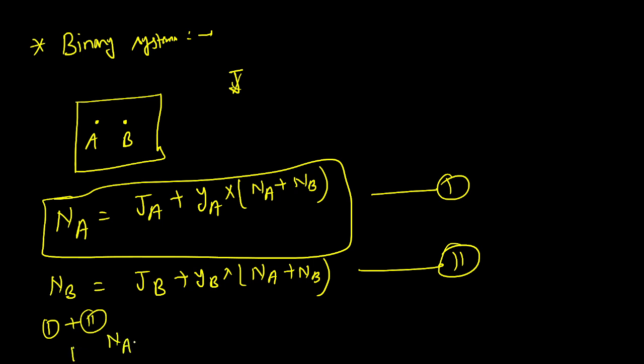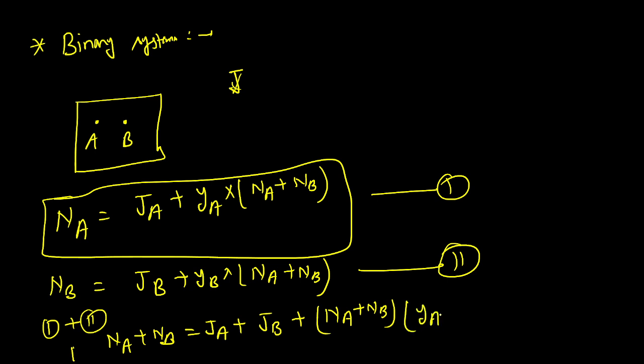Sorry, that Na plus Nb is equal to Ja plus Jb plus, if you take Na plus Nb common, then here you will get Ya plus Yb, right?